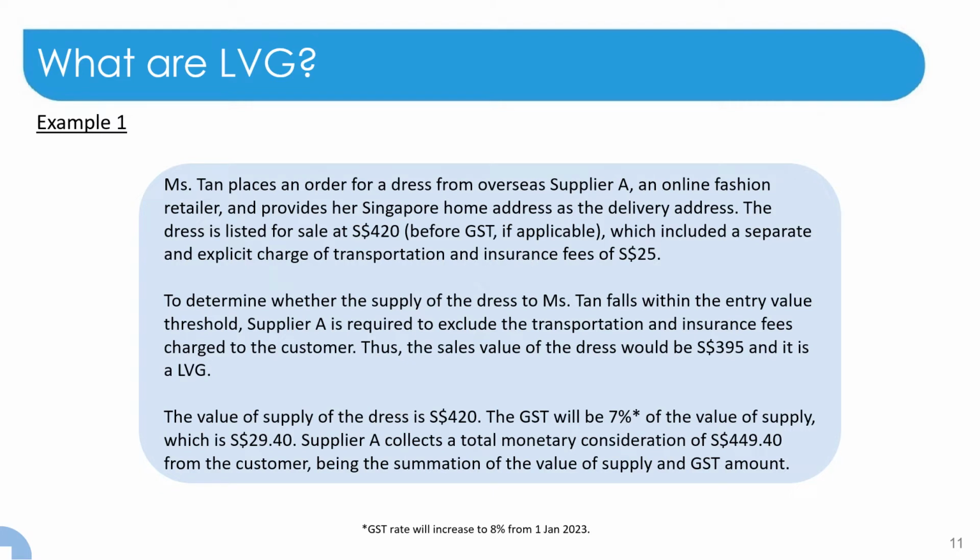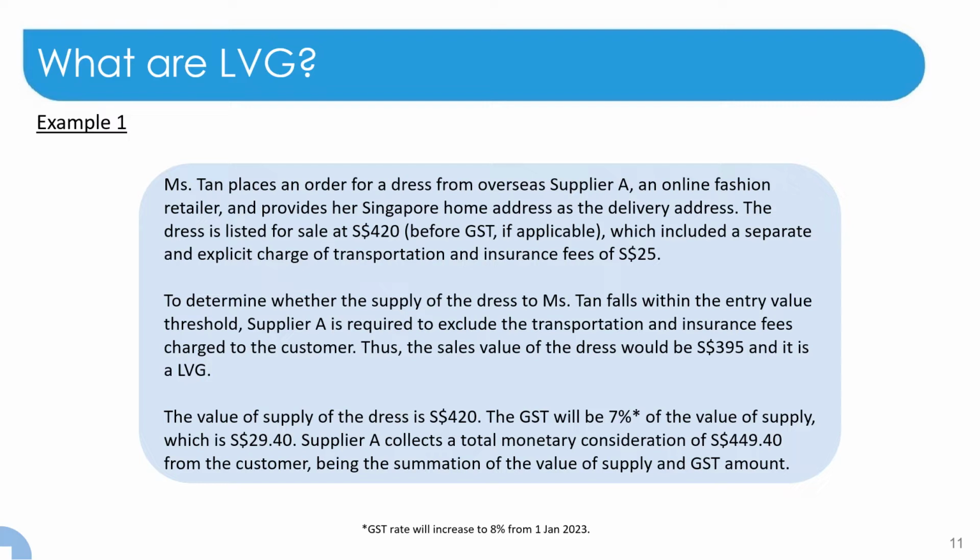Next, let us look at example 1, which provides more clarity on the usage of sales value to determine the entry value threshold and the value of supply on which GST is chargeable. In this example, a dress is listed for sale at $420, which includes a separate and explicit charge of transportation and insurance fees of $25.